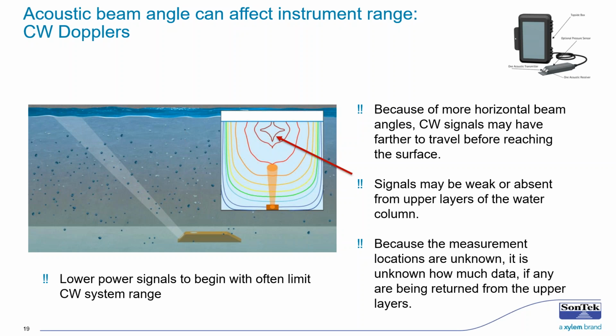So if the signals have to travel a longer distance, there's more potential for attenuation of that signal before it gets all the way to the surface. And because we don't know where the measurements are being taken, we don't really know for sure how much attenuation is happening and whether we're getting data from the surface or not. So it's kind of an unknown.